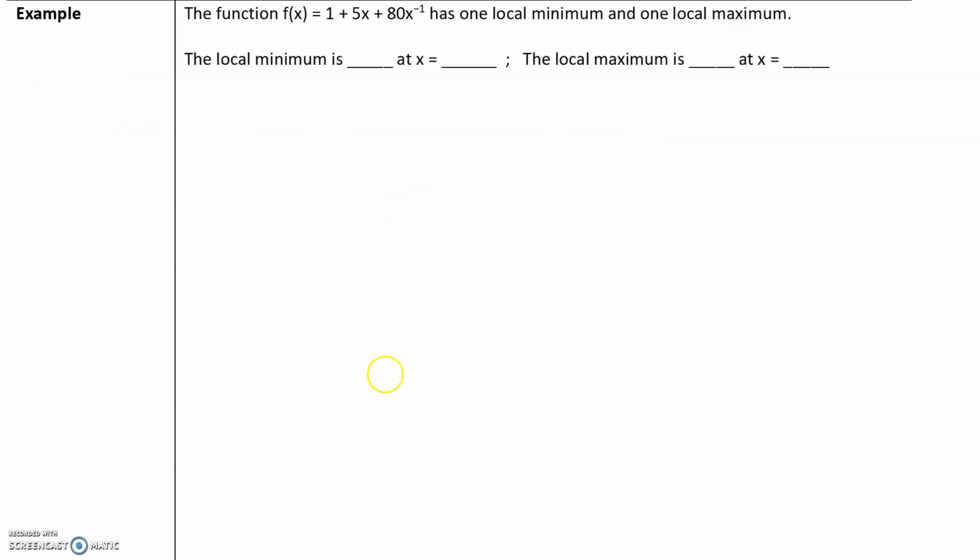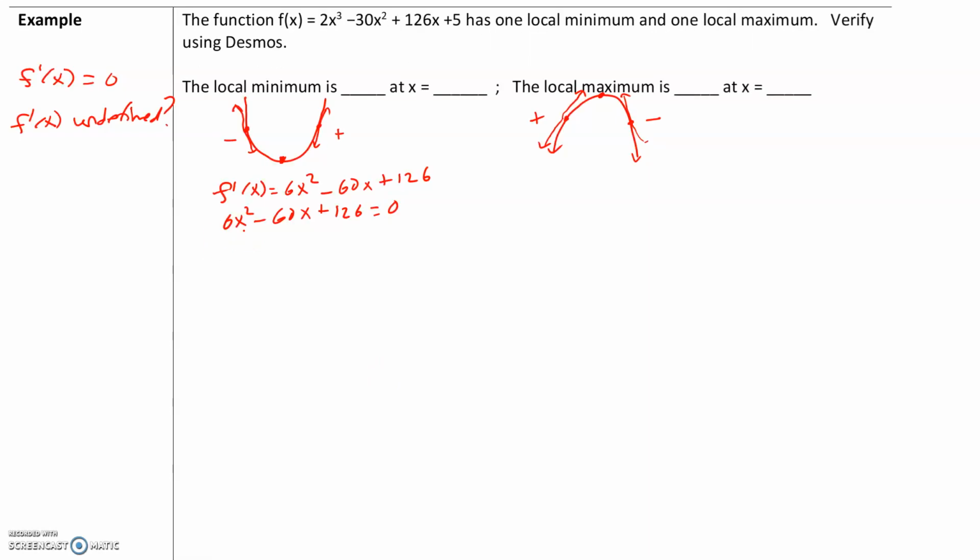And to make this easier, let's divide everything by 6. So we're going to get x squared minus 10x plus 21 is equal to 0. If I factor this, this is x minus 7 times x minus 3 is equal to 0, which means my critical numbers, my critical values, are going to be x equals 7 and x equals 3.